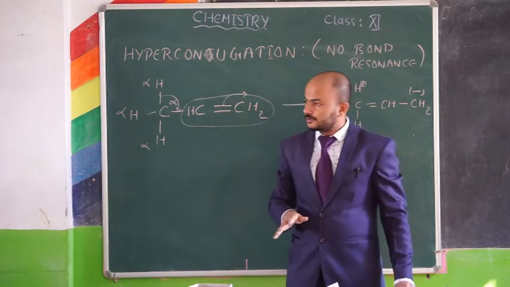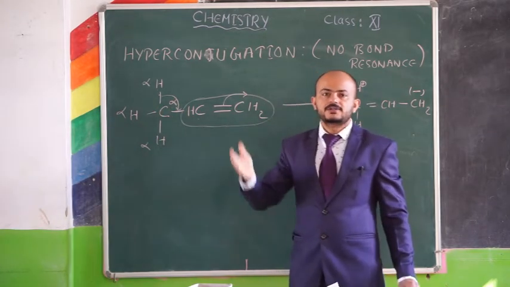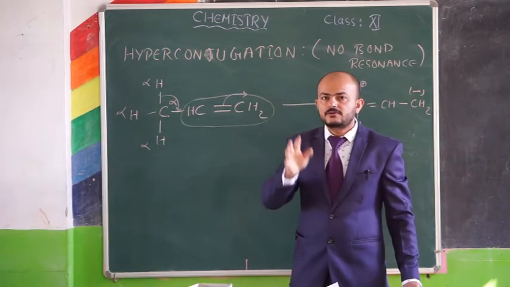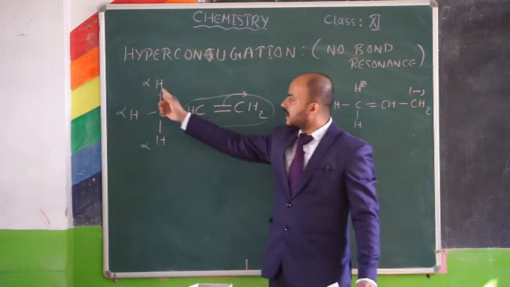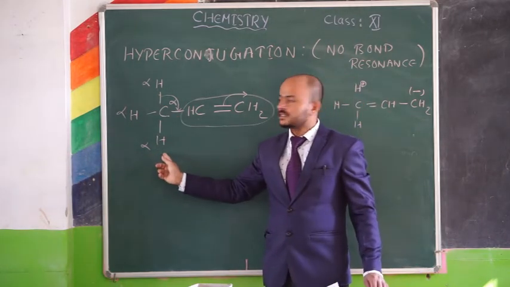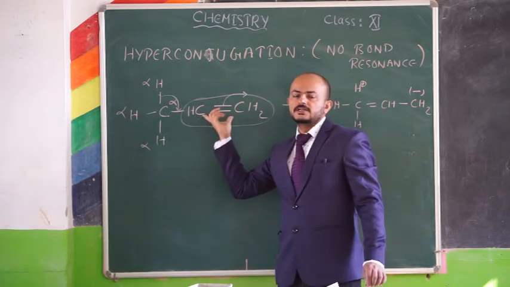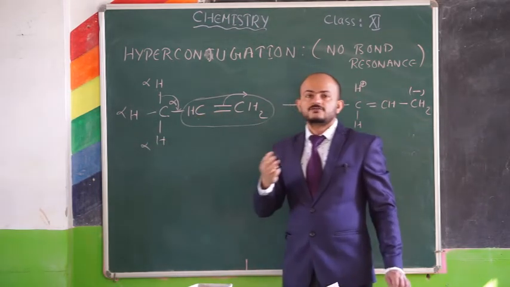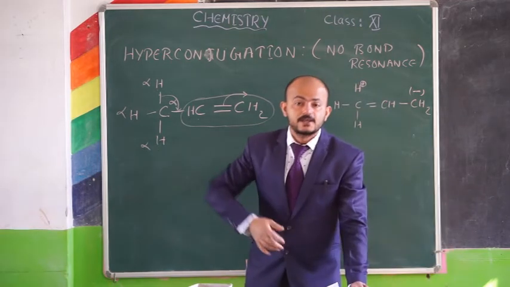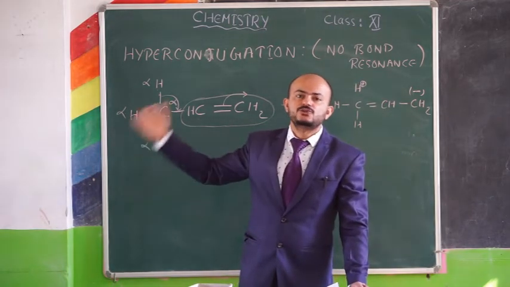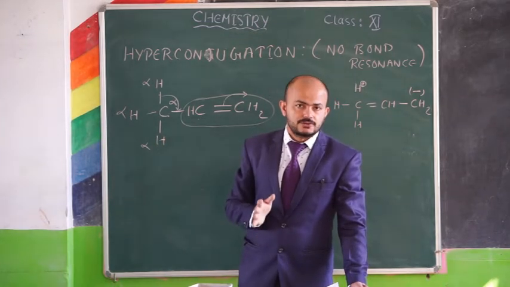Now you have to remember alpha carbons. How many hyperconjugated structures will a compound have? It depends upon the number of alpha hydrogens. So here you have 3 alpha hydrogens. This particular compound will have 3 hyperconjugated structures. And you have to remember one more thing. The more the number of hyperconjugating structures, the more will be its stability. So it's very simple.